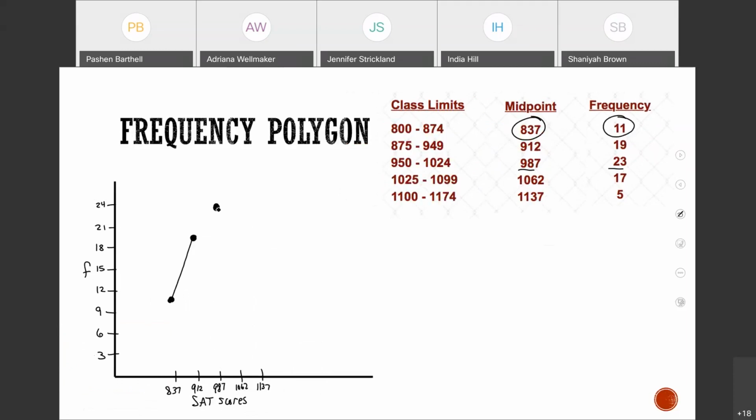So place your dot and then connect. Above the 1062, you're going to be at 17. And then finally at 5.